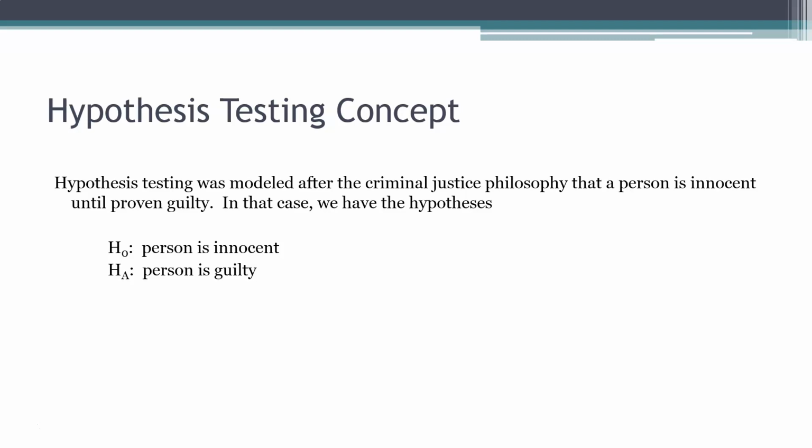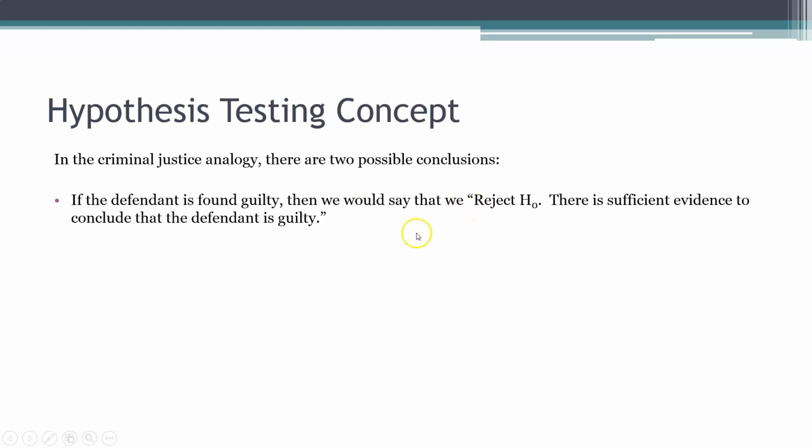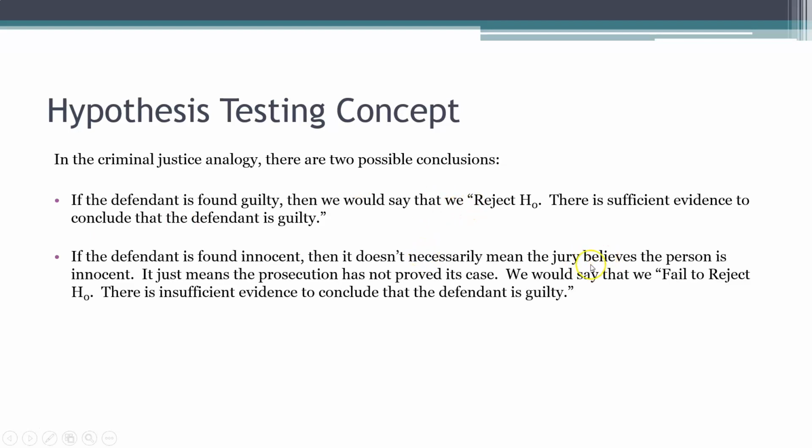So all that is to say that if we don't reject H naught, we don't say that we conclude H naught, or we accept H naught, or we affirm H naught. The way we say that is we fail to reject H naught, which tells us that there is not sufficient evidence to conclude what we're looking to show in the alternative hypothesis.